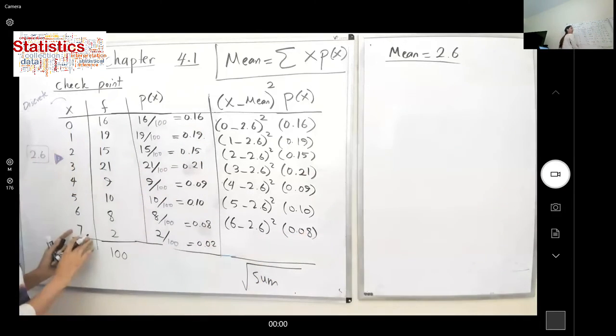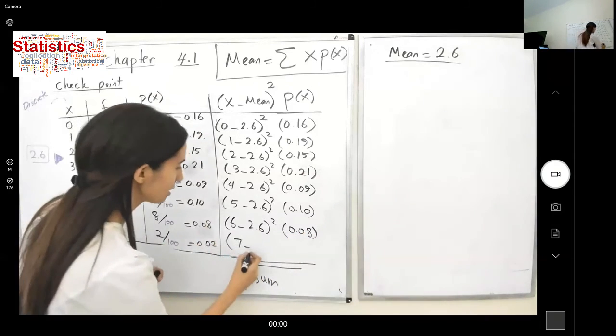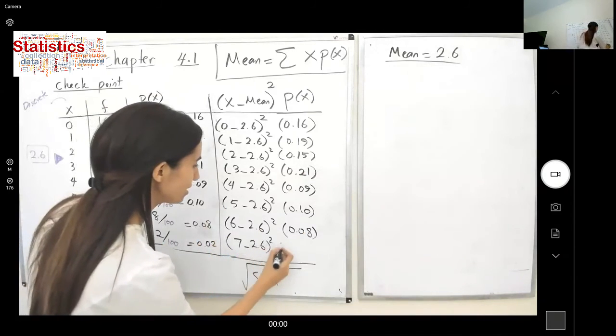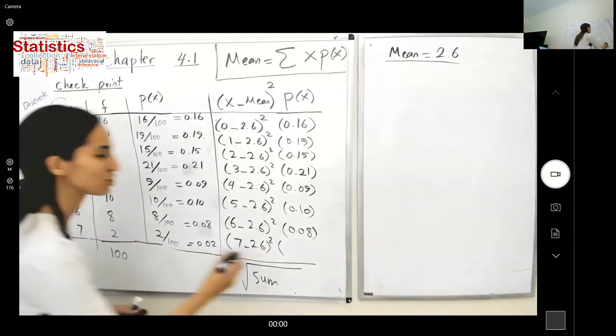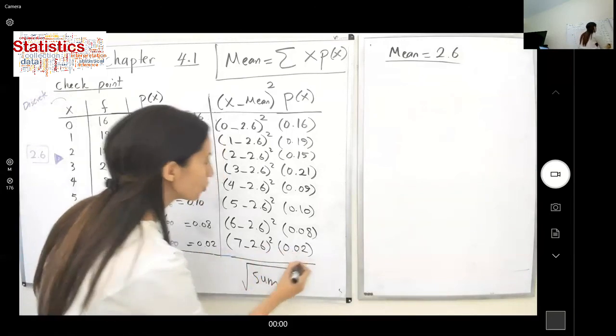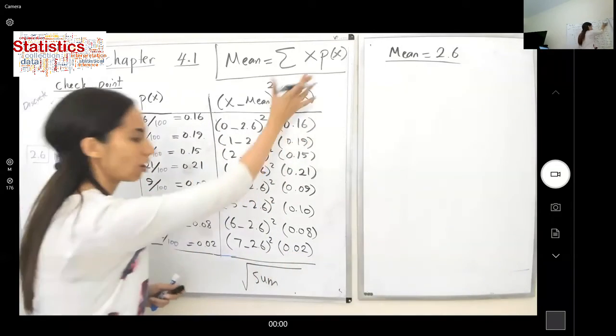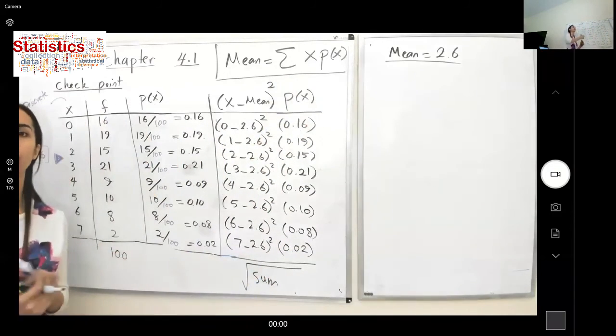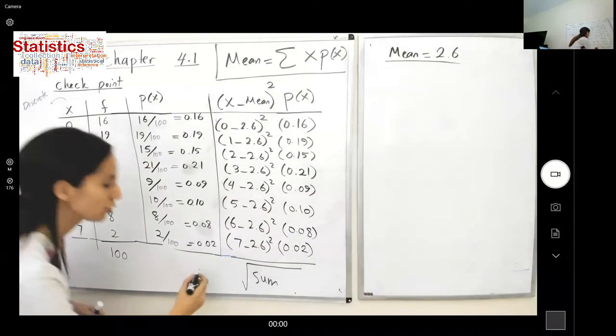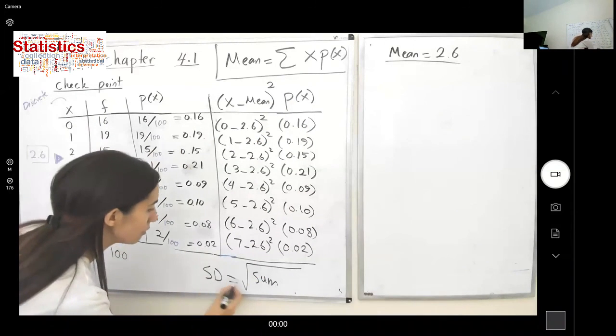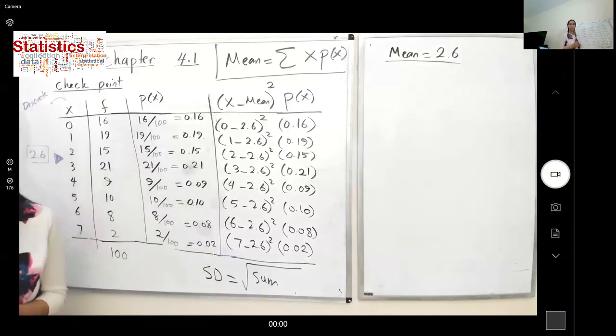And finally, my last x is equal to 7. 7 minus 2.6 squared times its probability, which is 0.02. After finding these numbers, you have to add them all together, take the square root to have your standard deviation. Okay, guys, take your time, calculate this for me.